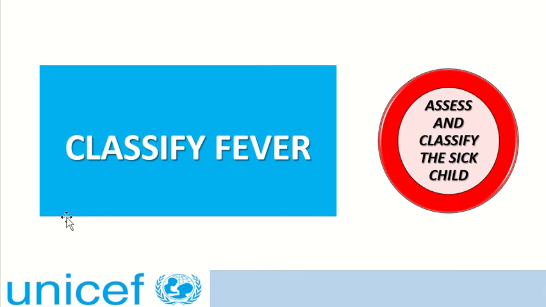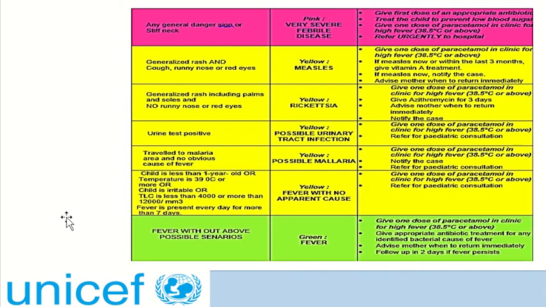So after finishing the assessment, we should collect all of this data and interpretation into a classification. Now the classification becomes either: the child has a generalized rash and cough, runny nose, or red eyes, and by these symptoms we classify him as measles.